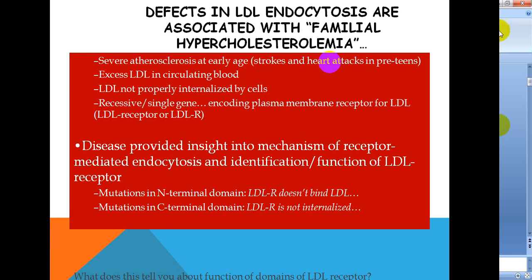So this receptor is a protein that is coded by a single gene, and when there is a recessive mutation, there is a defective LDL receptor.